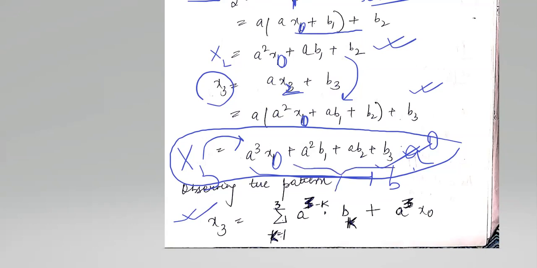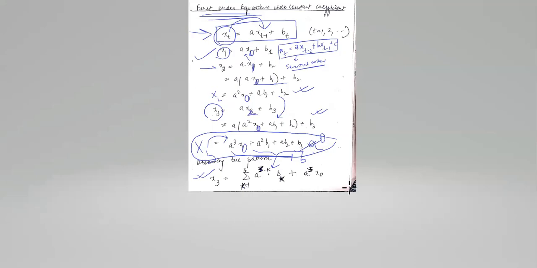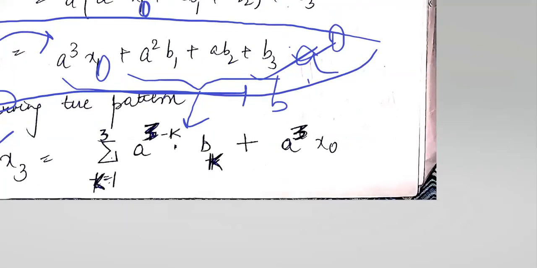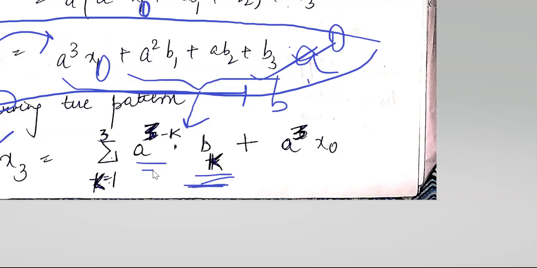So if I write down the pattern here, it is nothing but a to the power 3 minus k multiplied by b subscript k, plus a cube x naught, is x3.